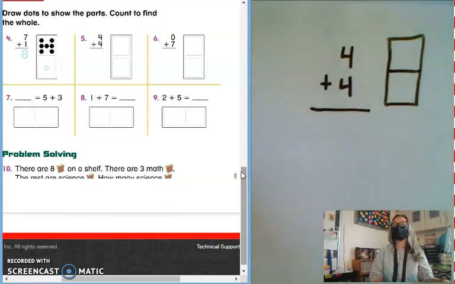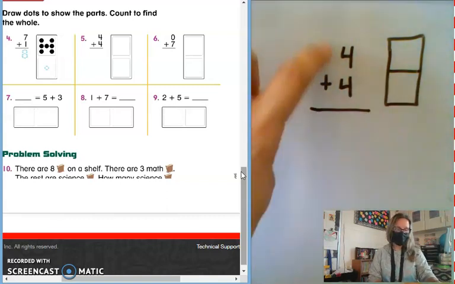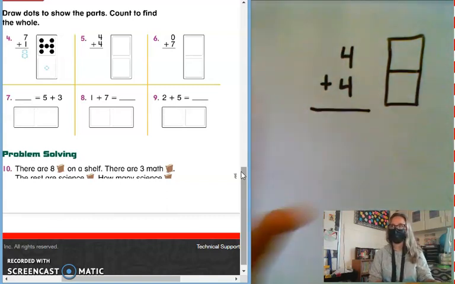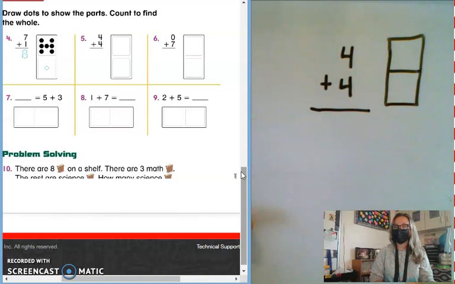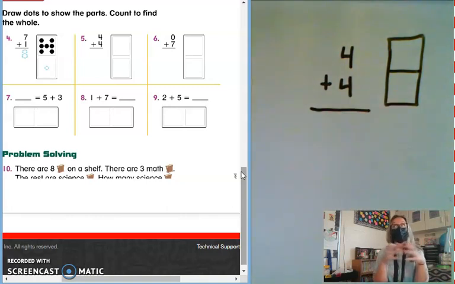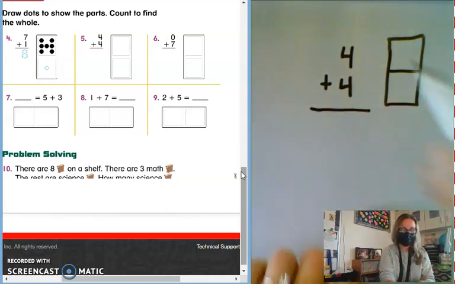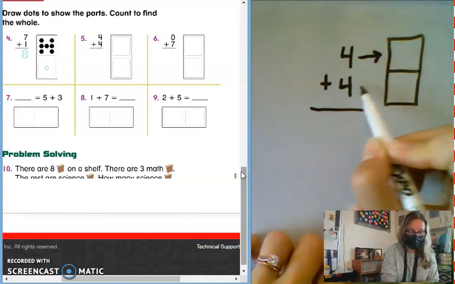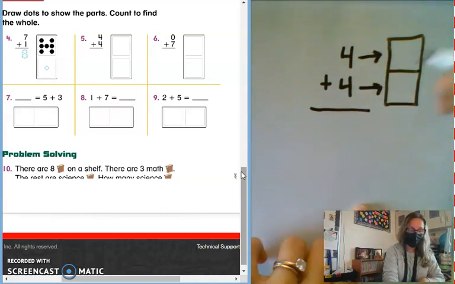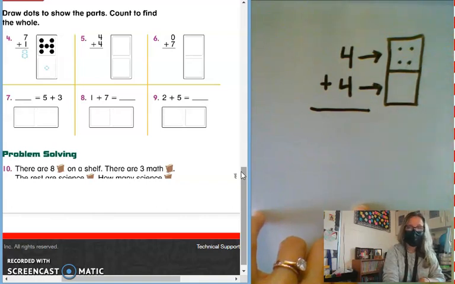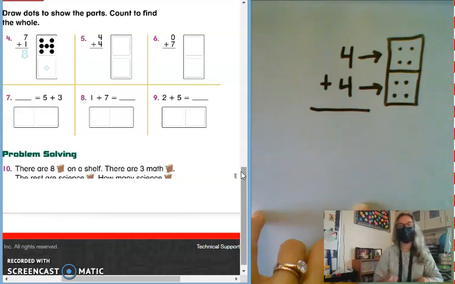What are my 2 parts, Isaac? What are my 2 parts in this addition sentence? 8. Oh, that's my total, that's my whole, but what are my 2 parts? 4 and 4. So let's draw 1, 2, 3, 4, and 1, 2, 3, 4.